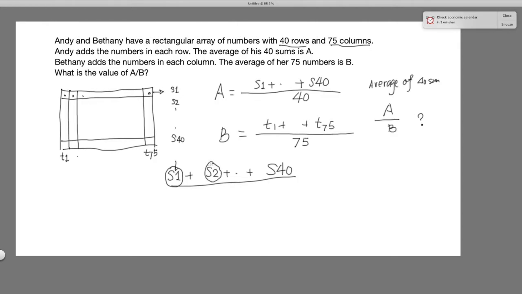S2 is the sum of the numbers in the second row. And S40 is the sum of the numbers in the 40th row. So if we're adding all those sums Si together, it is going to be the sum of every number in this array.